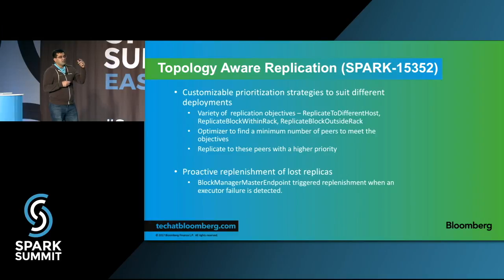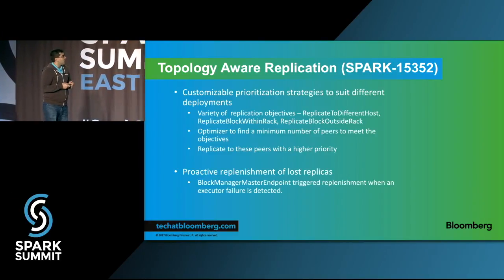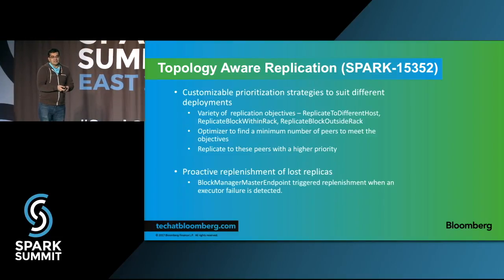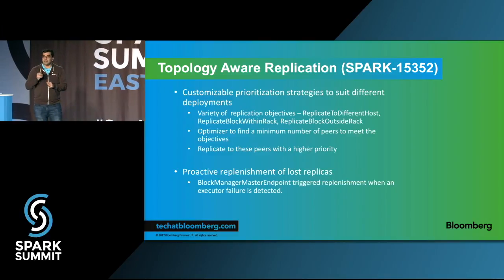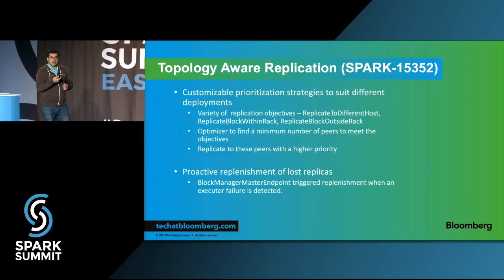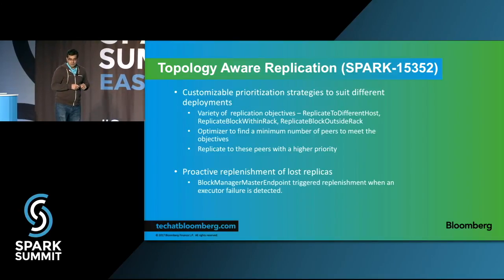In this case, whenever an executor is lost, the master recognizes that and then contacts all the peers that have that block and picks one peer to start replicating the block proactively. And I would really like to thank Reynold and Eric from the Spark community, who helped us a lot with feedback on all of this.